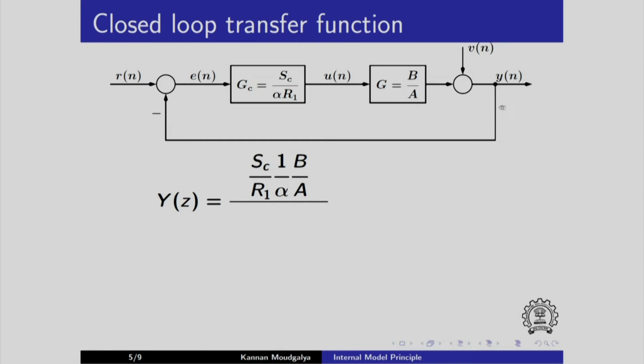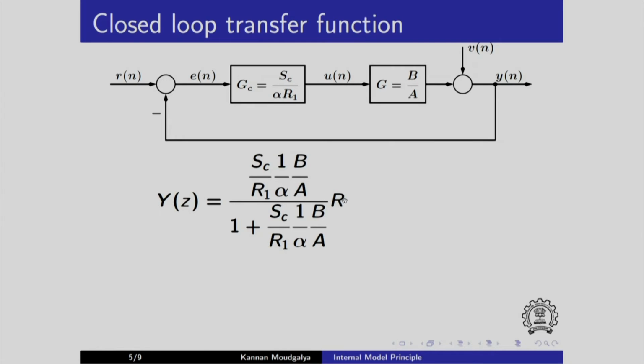Let us construct the closed loop transfer function. Let us write down the expression for Z transform of y of n, which is capital Y of Z, which is equal to the product of these two divided by 1 plus once again this product. So that is the transfer function between r of n and y of n.